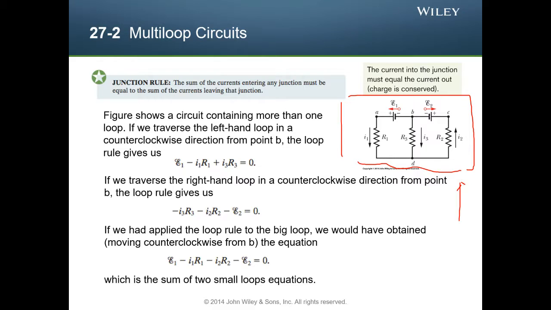And the third term is called I3 plus, so this is V plus V2, so we have (V plus V2) over R2 equals 0. And we can solve V to be nothing but V1 over R1 plus V2 over R2, over 1 over R1, 1 over R2, 1 over R3, something like that.